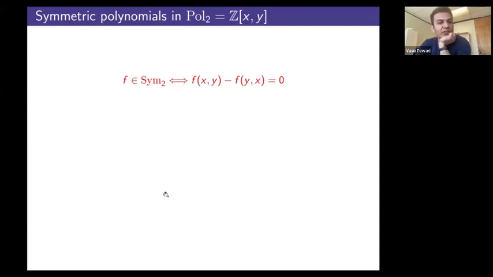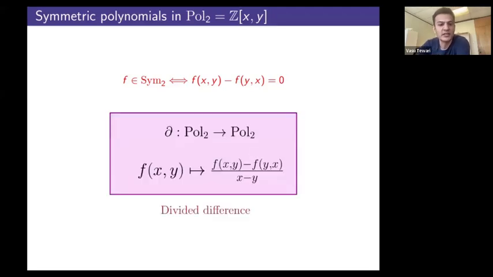On some level this is mildly unsatisfactory, because this expression is divisible by x minus y. So there's some redundant information. You divide by what's redundant, and then you get something that knows the core. This is the divided difference operation.